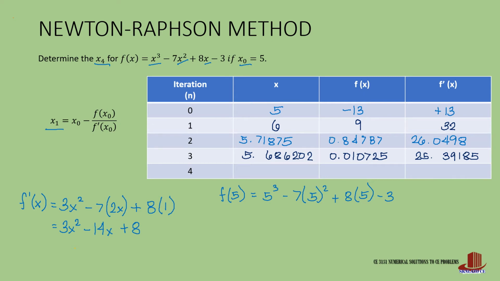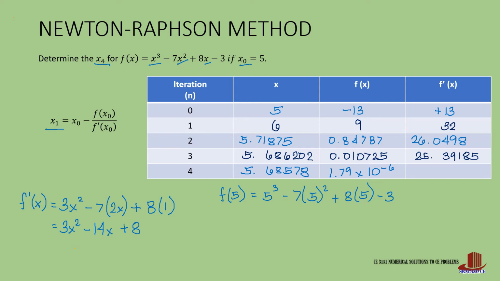X of 4 would be taken as 5.68578, whereby f of x is given as 1.79 times 10 raised to negative 6.